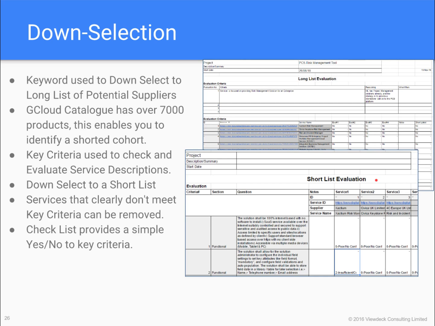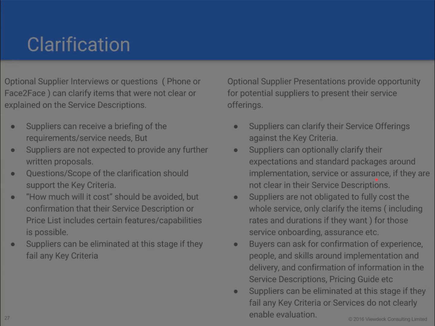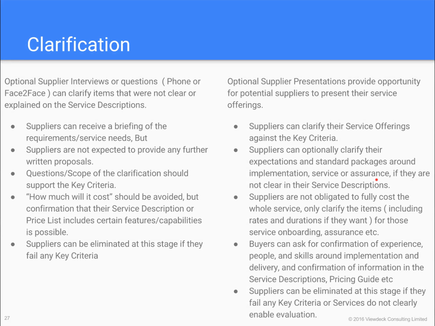Typically, this will also start to identify candidates that we think probably should be dropped, and at any point during this, services that don't meet the criteria can be removed. Equally, it might identify services where we are not confident that there is clarity in the service description, and that might require further clarification. The clarification can either be a simple email, fill out a form, we've seen that, or it could be a face-to-face interview.